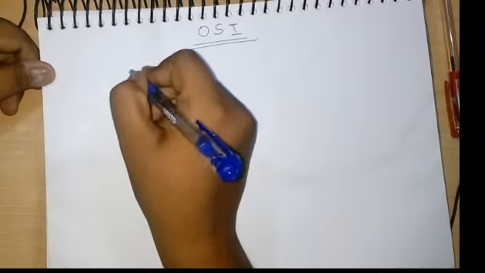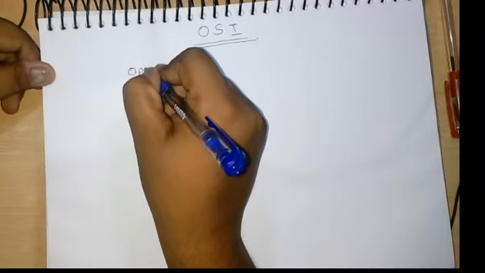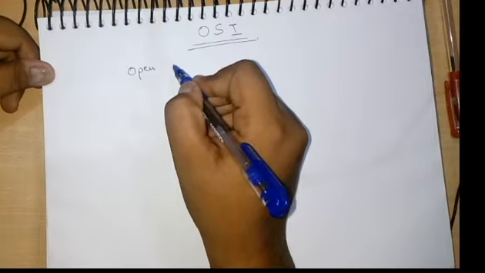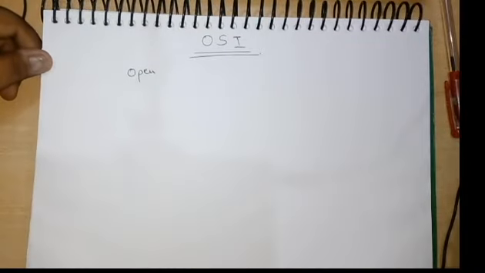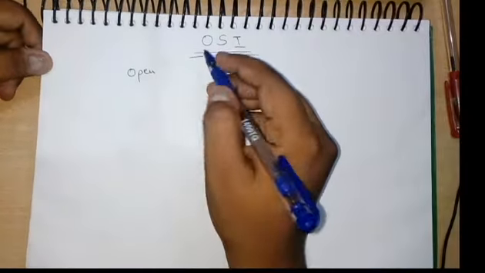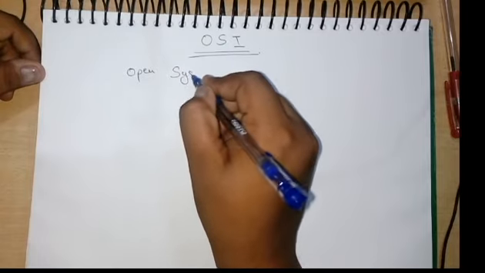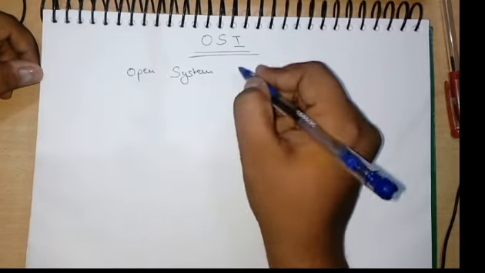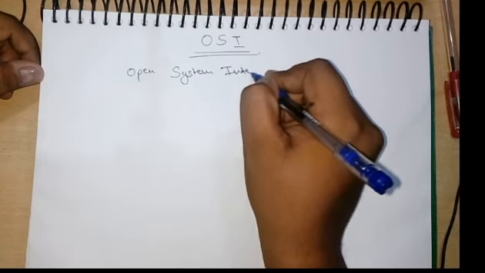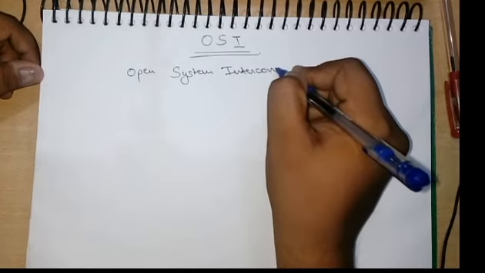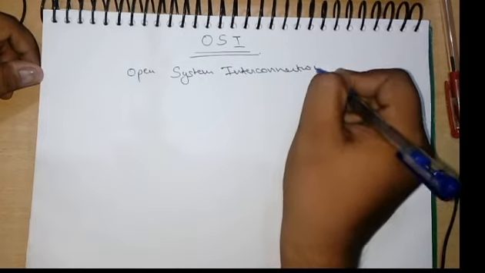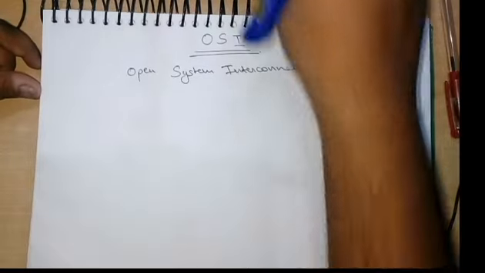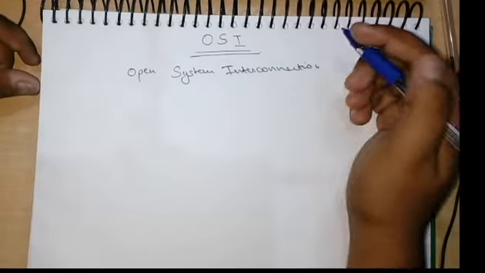So the OSI model, Open System Interconnection, consists of 7 layers.